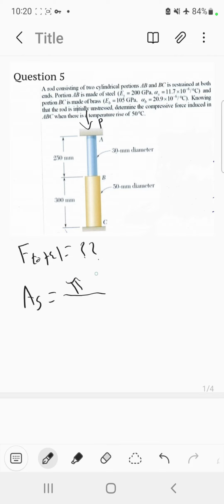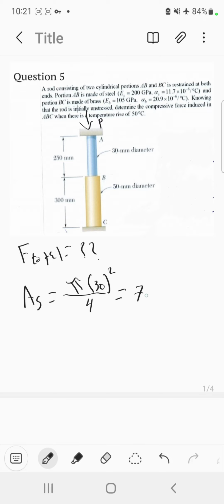We have the diameter, the diameter is 30, in meter to the power 4.